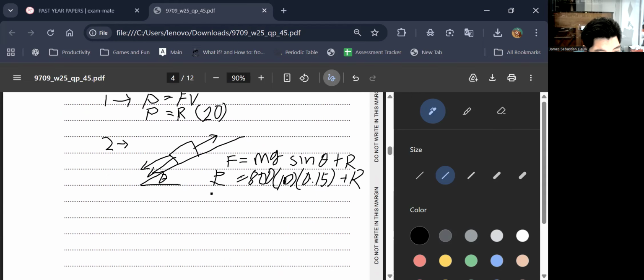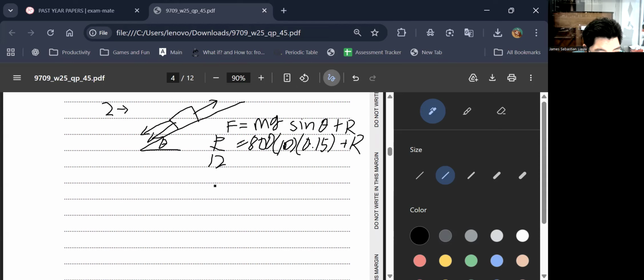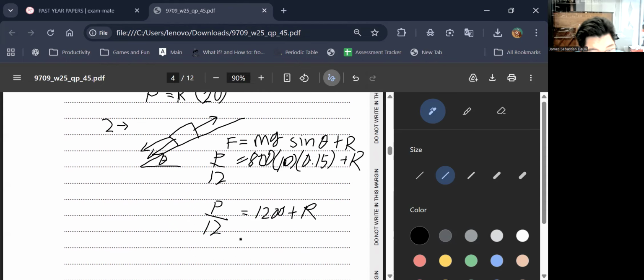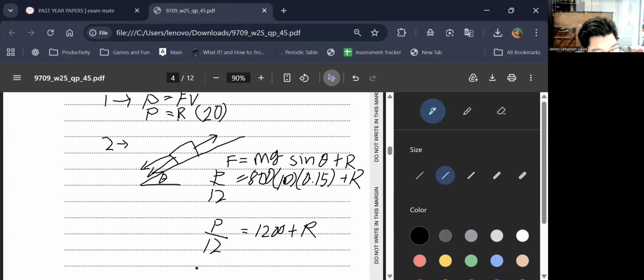V is 12. So P over 12. And so this boils down into a simultaneous equations problem. So this is equation 1, this is equation 2.